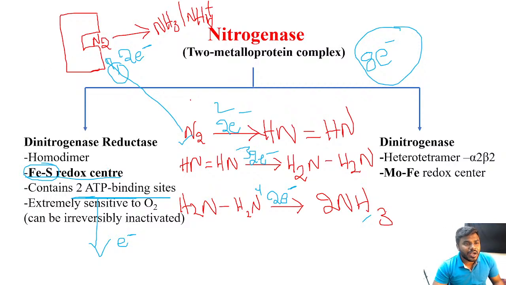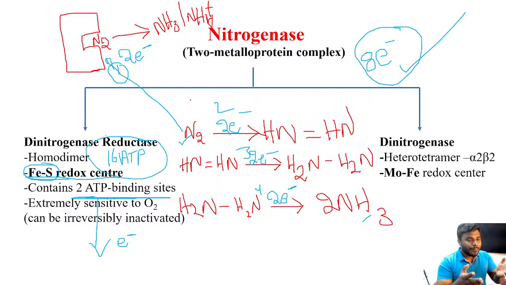If I want to convert N2 to NH3, how many electrons do I require? 8 electrons. So when 8 electrons pass through the iron sulfur redox center, 8 into 2, how many molecules of ATP are we using? 16 molecules of ATP.